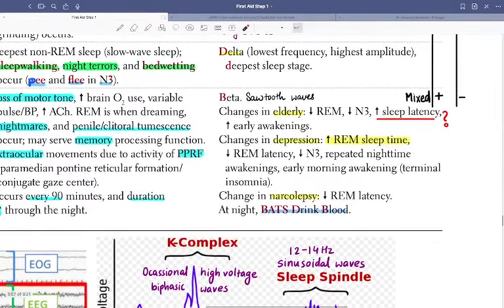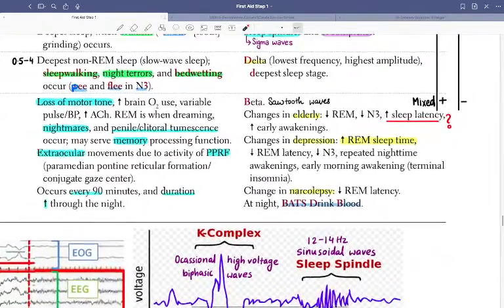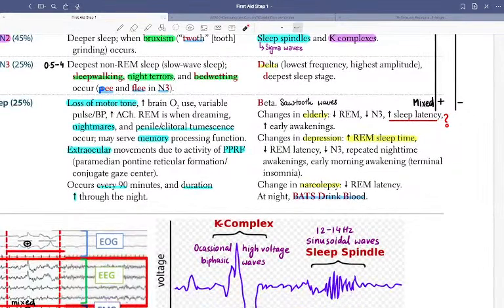Next is changes. In the elderly you have less REM, decreased N3, and increased sleep latency. This is very well explained elsewhere, I couldn't understand it that well myself. So decreased N3, increased early awakenings.